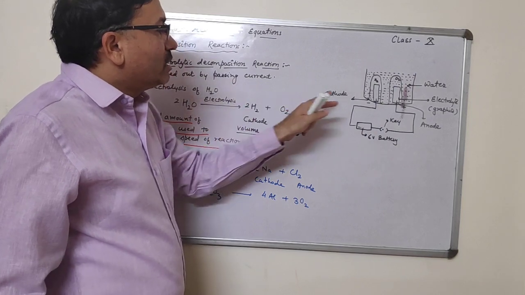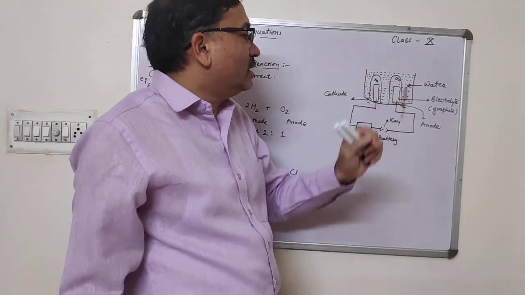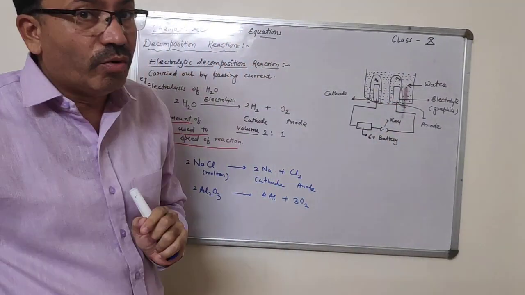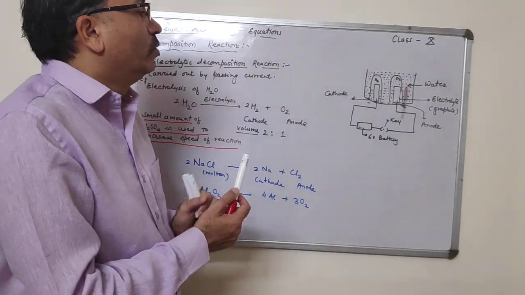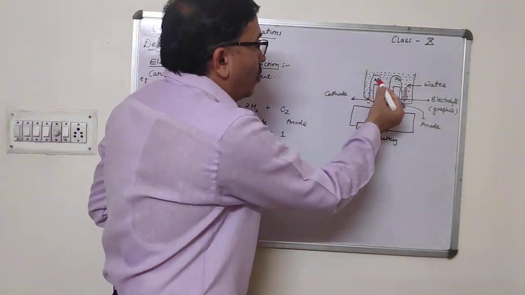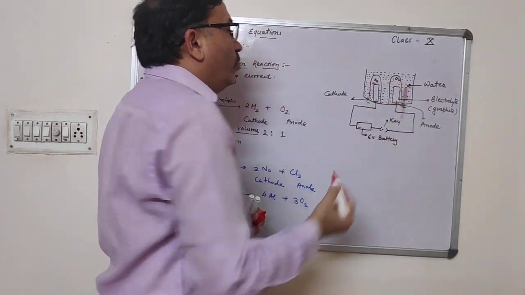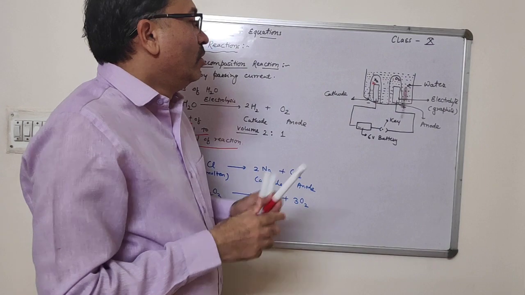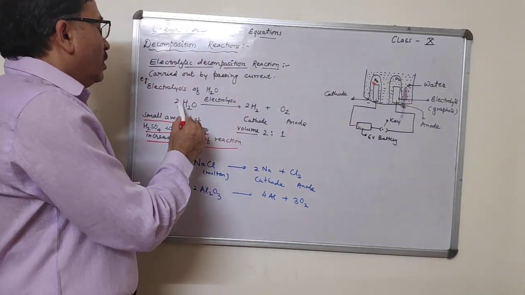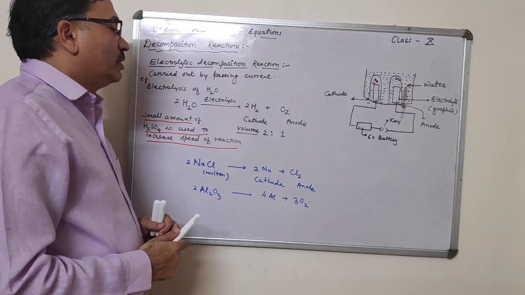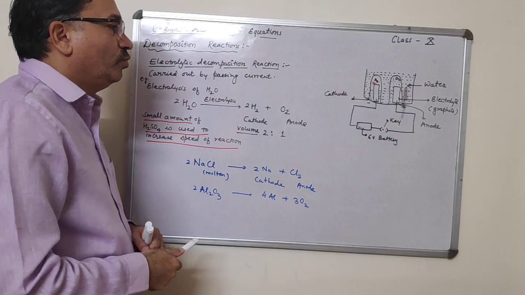Hydrogen gas is obtained at the cathode and oxygen gas is formed at the anode. And if you see in this particular diagram also, the volume of hydrogen collected is nearly double the volume of oxygen collected. Why is it happening? Very simple: in the balanced chemical equation, the ratio of hydrogen to oxygen is 2:1.